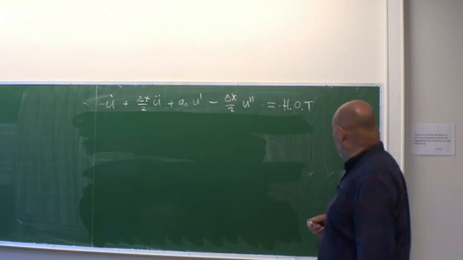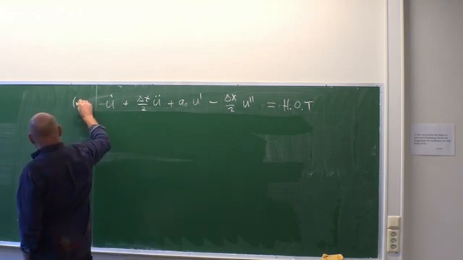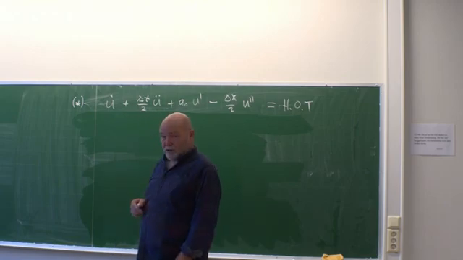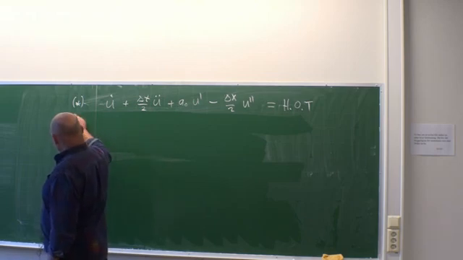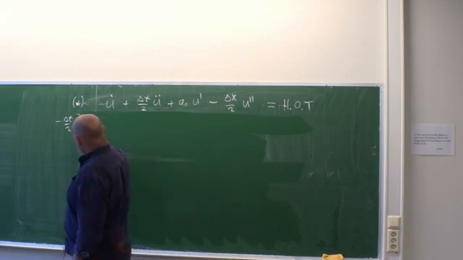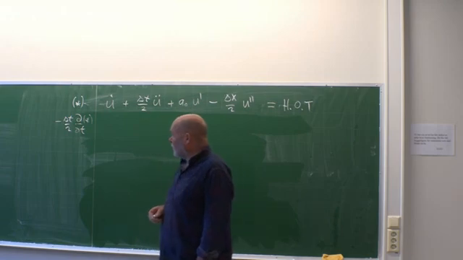How to do that? Well, if this is equation number star, then I take the same equation, I multiply it with minus delta t half, and then I take the time derivative of the entire equation. That's allowed. What do we get?